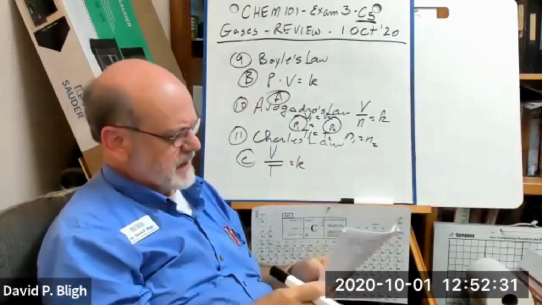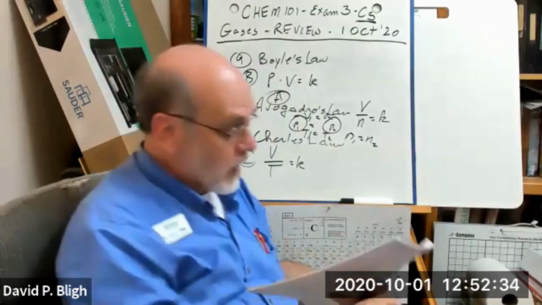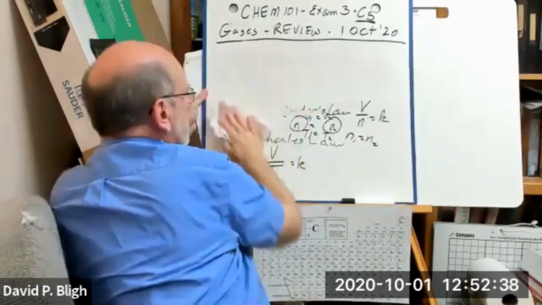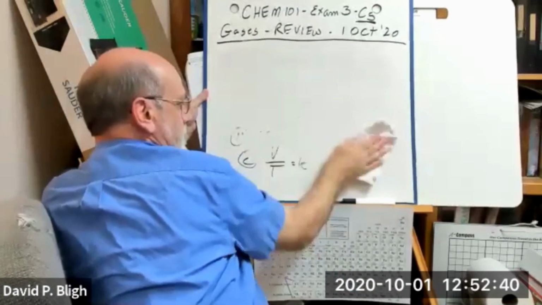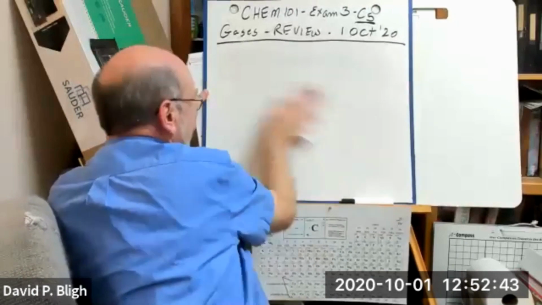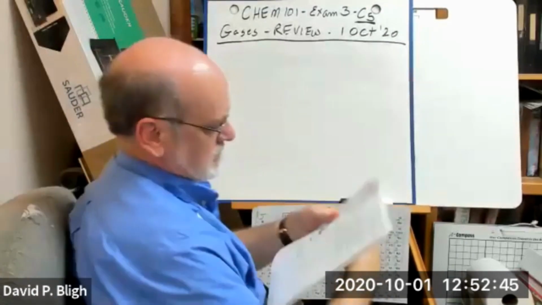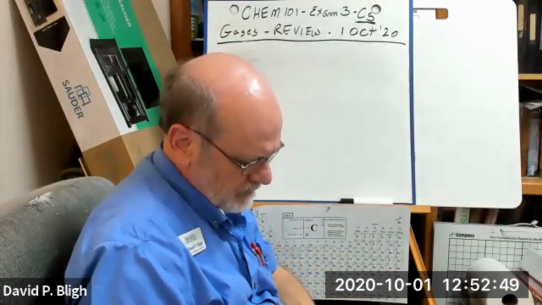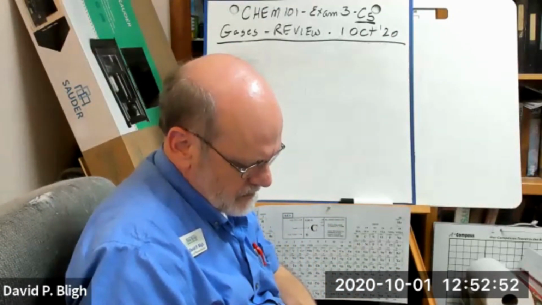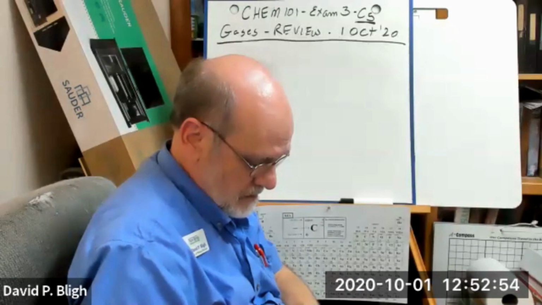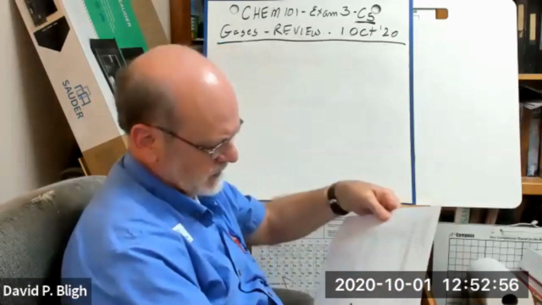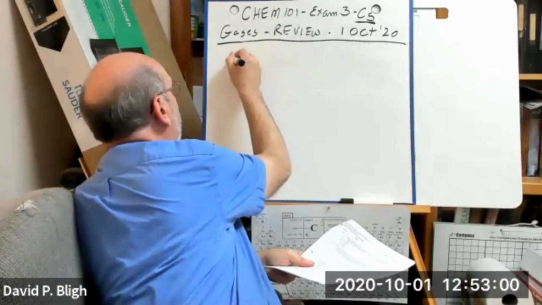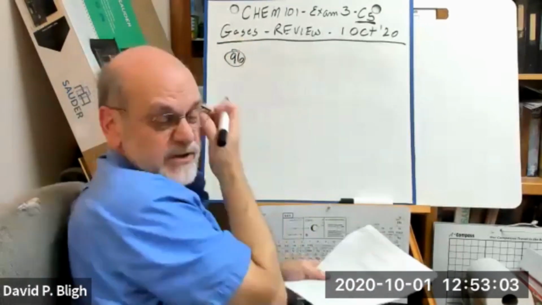Okay, let's see. We have another law. We'll just get all the gas laws out of the way. And this one's number 96. Which one haven't we done yet? Actually, there are two of them we haven't done yet.